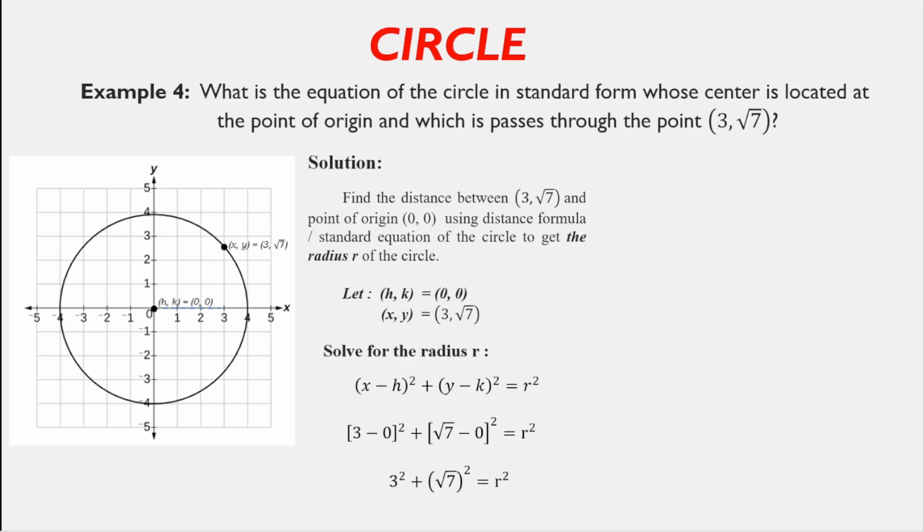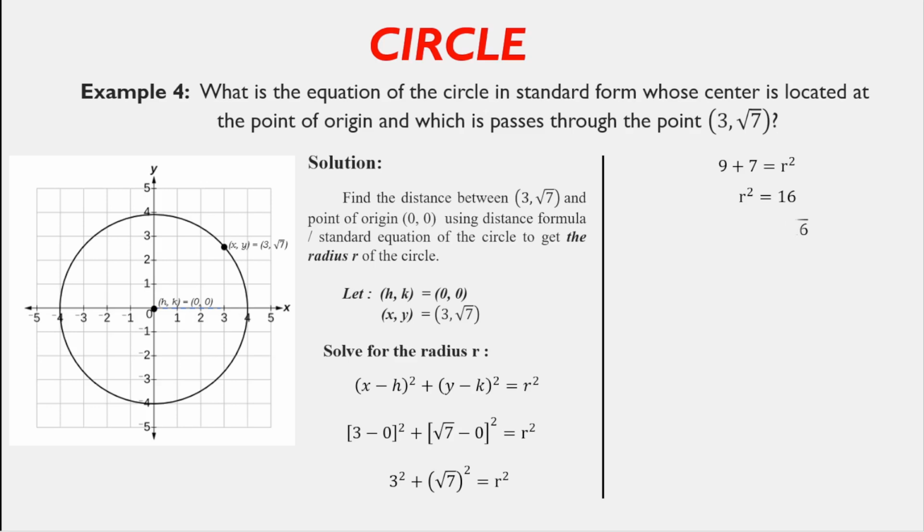So 3 minus 0 is equal to 3. Square root of 7 minus 0 is equal to square root of 7. Then we can say 3 squared plus the square root of 7 squared is equal to r squared. Simplifying further, 3 squared is 9. Square root of 7 squared is equal to 7. So 9 plus 7 is 16.